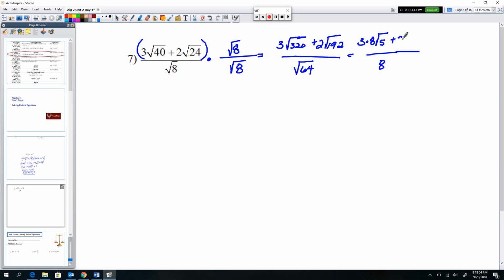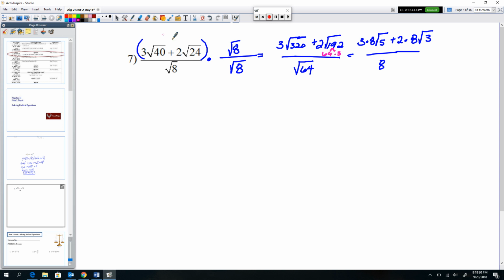And then plus 2, and if I look inside 192, once again I will find that there is a 64 in there. 64 times 3 is inside 192. Okay, so within 192 there's a 64 times 3. So if I take the square root of 64 once again, I can bring that outside and I leave behind that 3.